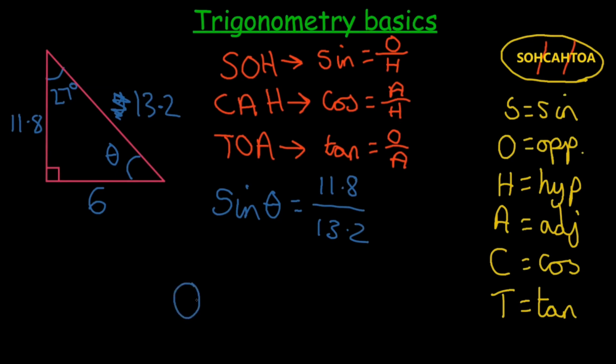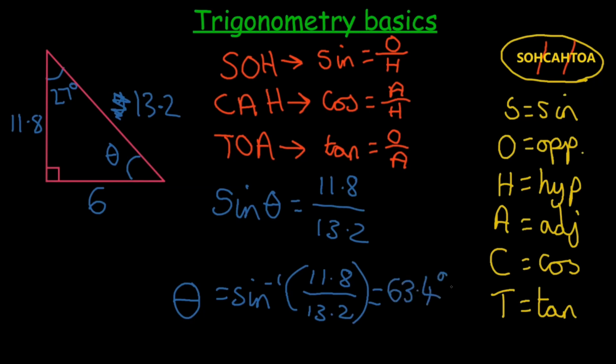So theta is equal to the inverse sine, or the arc sine, of 11.8 divided by 13.2, which is equal to 63.4 degrees to 1 decimal place. And there we have it. That's how to use trigonometry.